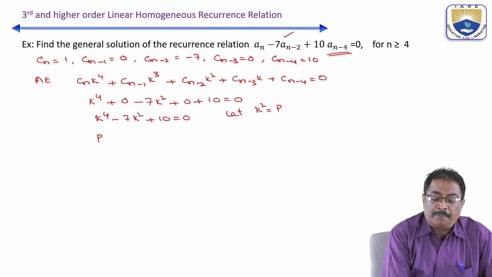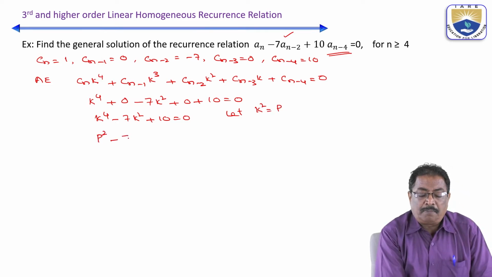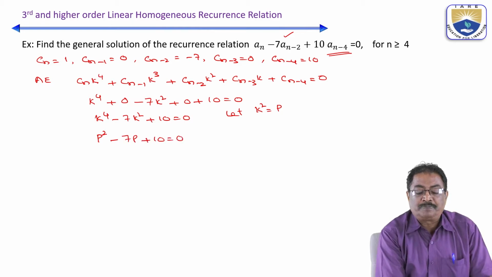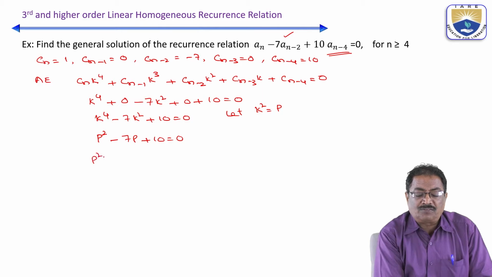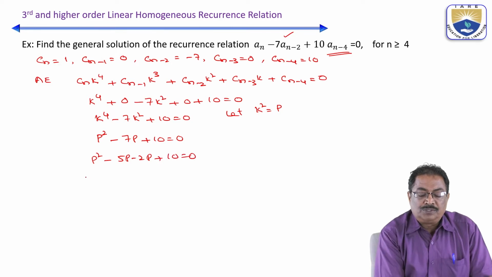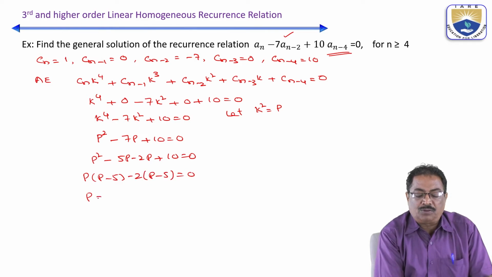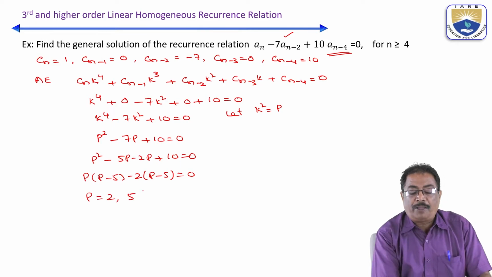Then this will become p square minus 7p plus 10 equals 0. So this is nothing but p square minus 5p minus 2p plus 10 equals 0. So p into p minus 5 and minus 2 into p minus 5 equals 0. So p equals 2 and 5.